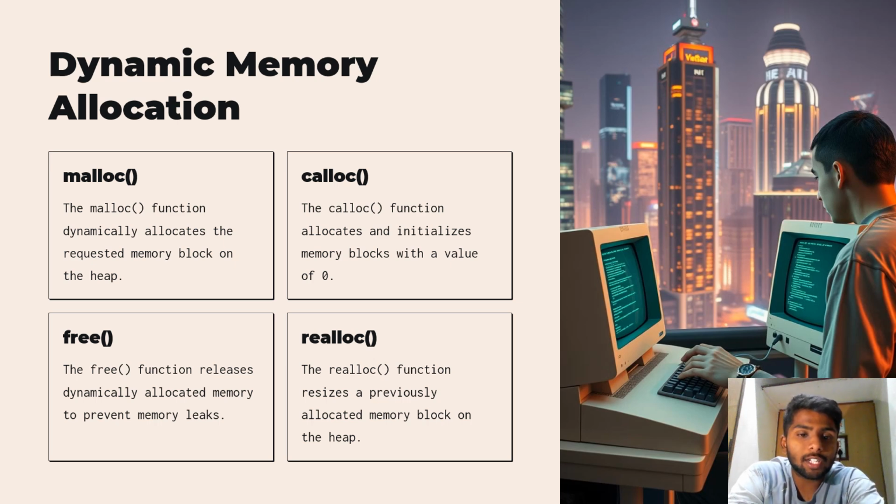The calloc function allocates memory blocks initialized with a value of 0. The free function releases dynamically allocated memory to prevent memory leaks. Malloc, calloc, free, and realloc are defined outside of the program, and the realloc function resizes a previously allocated memory block on the heap.